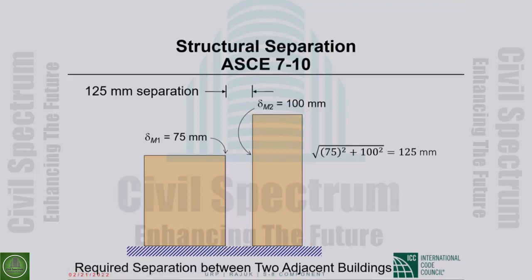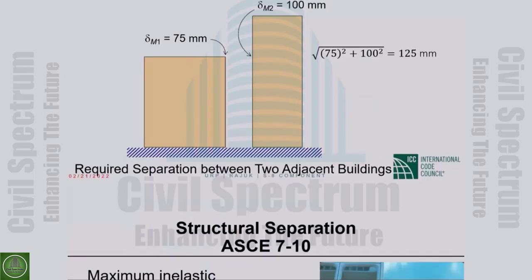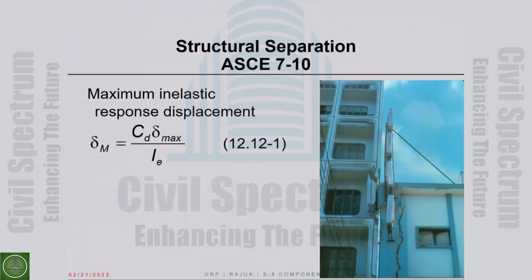So the gap would be 225 millimeters. This gap, in ASCE 7's opinion, is sufficient to avoid damaging contact. There will be contact, but that would not result in significant damage to the structures.